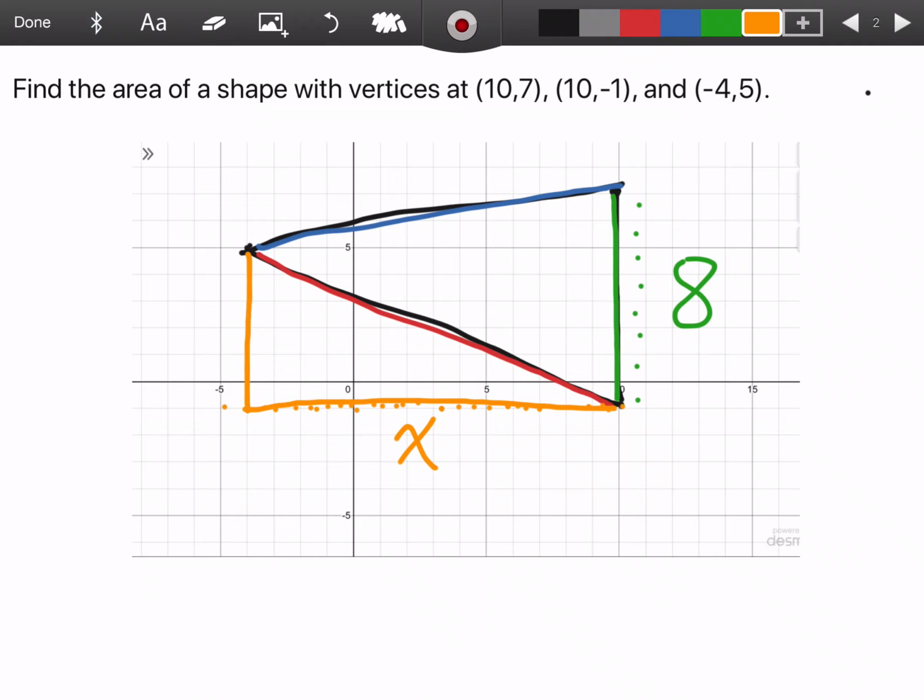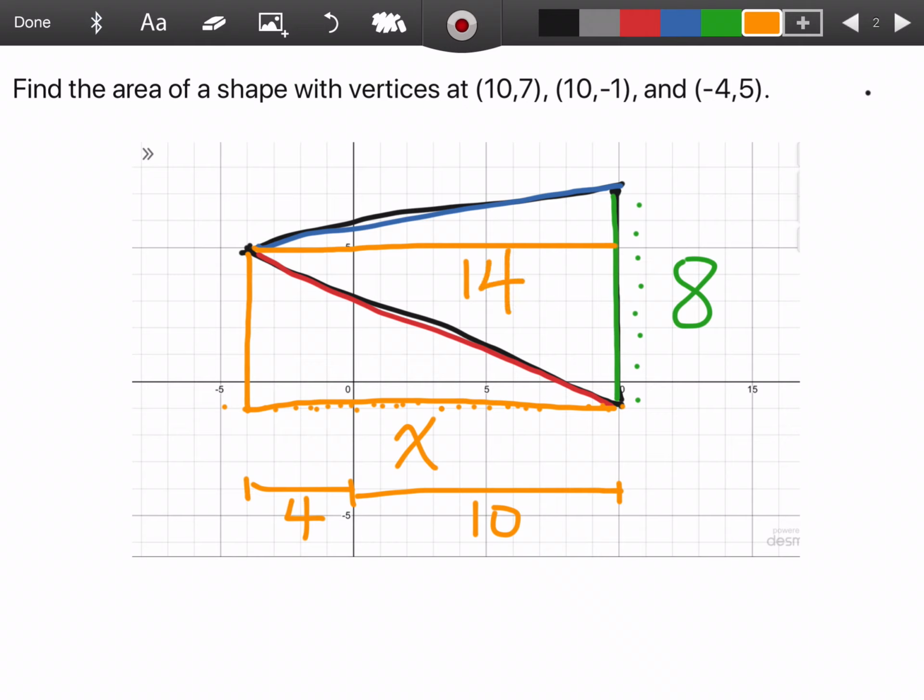To make this even faster, I know that from here to 0, that's 10 units if we think back to our absolute value. And from 0 to a negative 4, that's another 4 units. So we know that we have a height of 14 units. You also could have went inside here to find your height of 14 units.